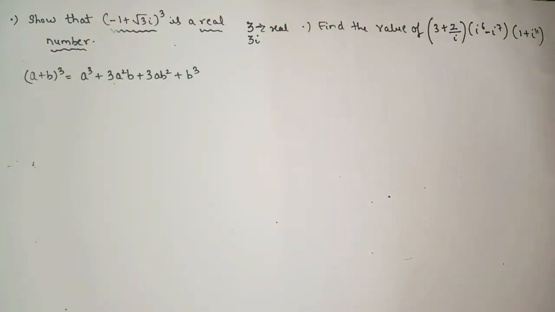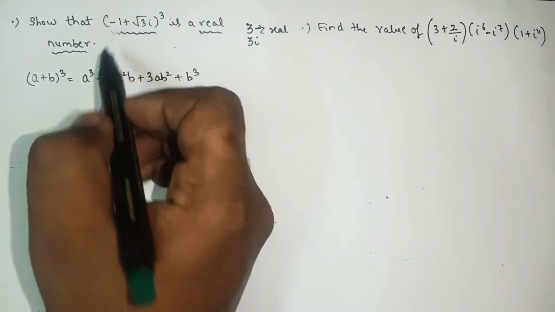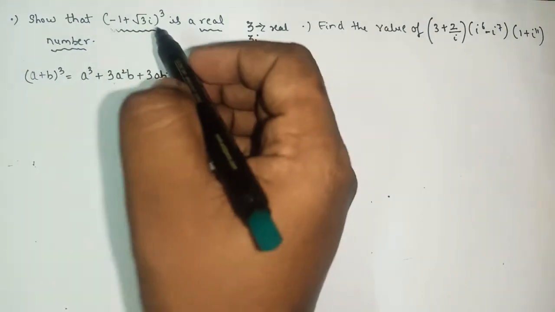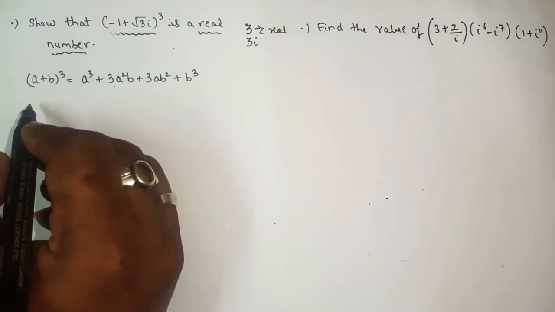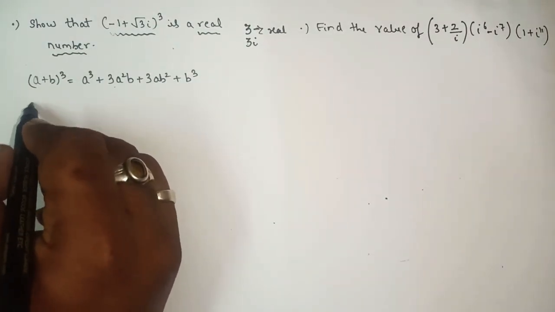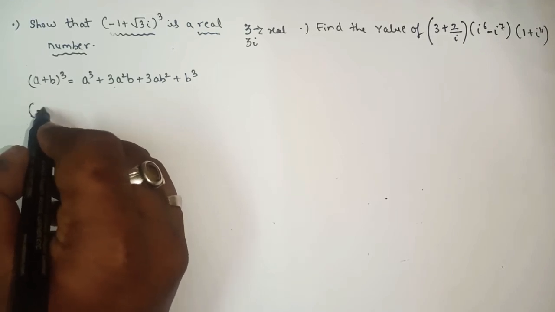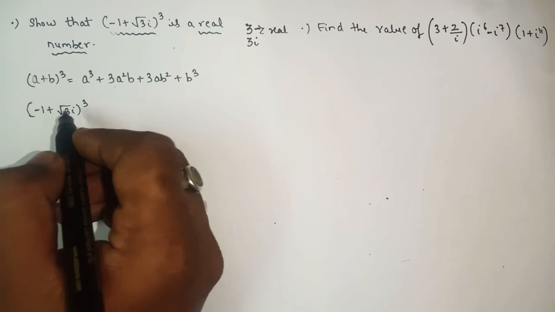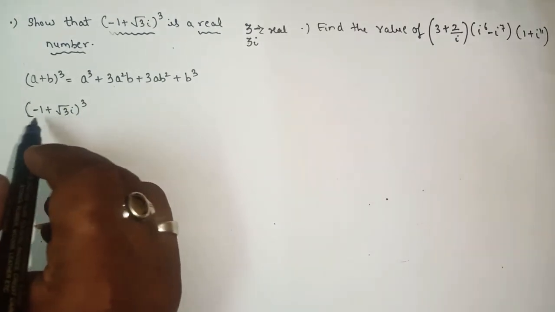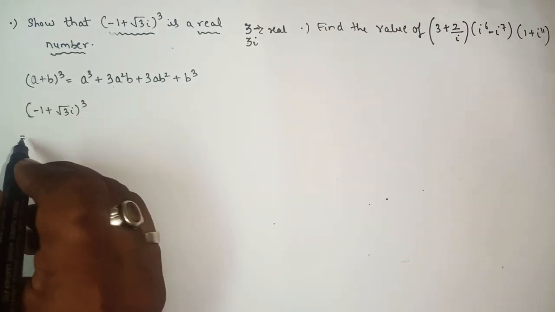Yes or no? So in place of a we'll write minus 1, in place of b we'll write root 3 i. So (-1 + root 3 i) the whole cube. As we have to find the answer for this, we'll write here equal to.